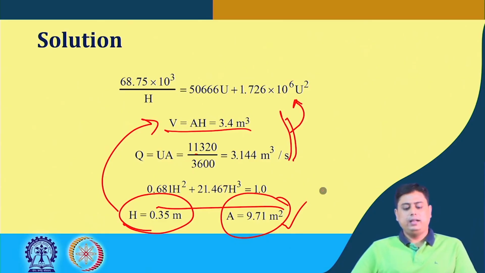So, from these two pieces of information, we find the height of the bed and the cross sectional area of the bed.